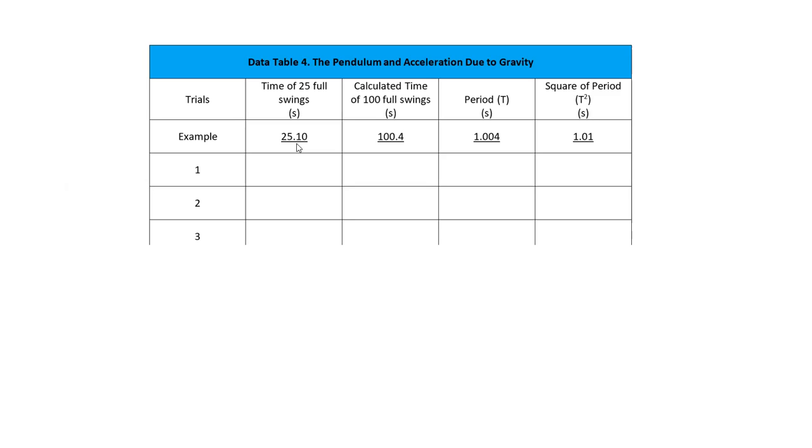Then use the method to make a pendulum 25 centimeter length, and take 3 separate measurements of the period of this pendulum by timing the pendulum vibrating 25 times. Record this data to the nearest second for 100 full swings.